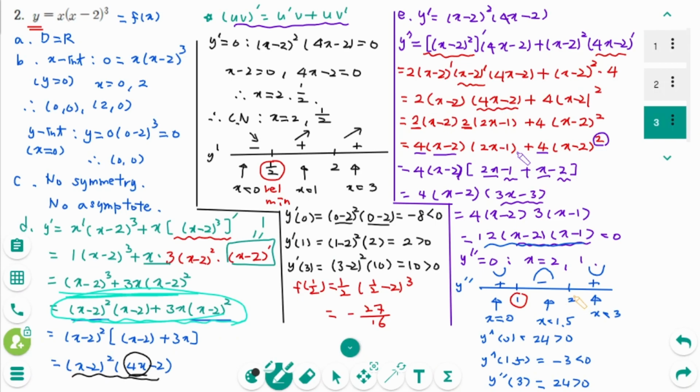y second prime changes the sign at x equals 1 and 2. This is inflection point. Then f of 1 equals, use this one, minus 1, and f of 2 equals 0. Then inflection points are (1, minus 1) and (2, 0).